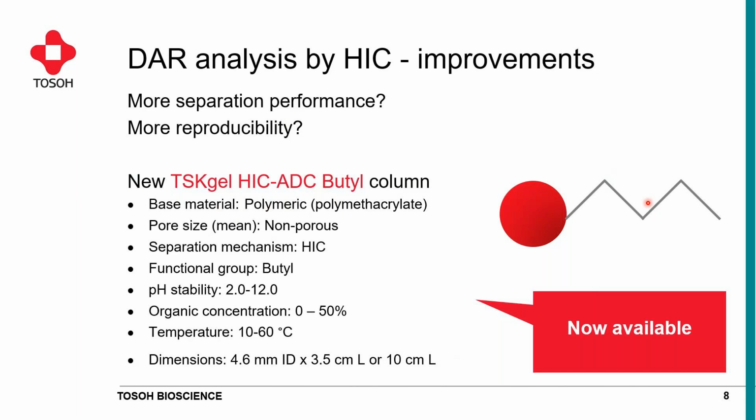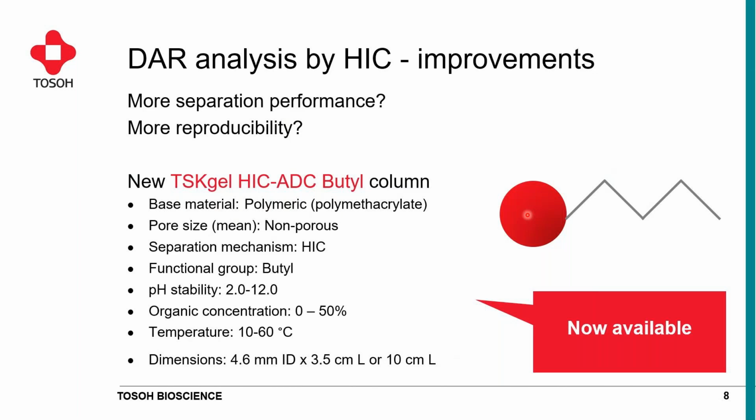And what we mainly focused on for development of this column is really the repeatability, meaning stability from column to column, from injection to injection, lot to lot, and so on.